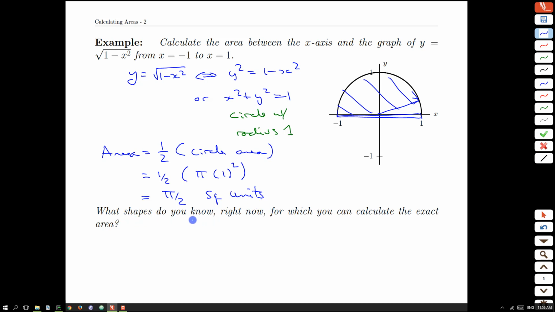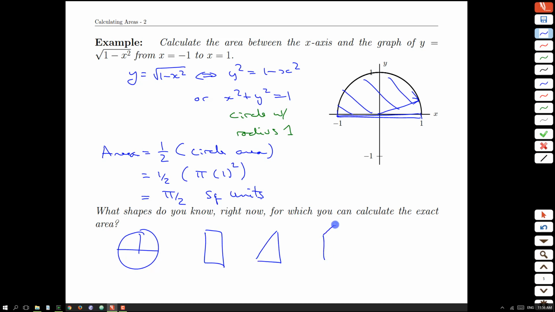Think of other shapes that you know right now for which you can actually calculate the exact area. We'll give you a moment to think about that, and then we'll see what common answers are. All right, so most people, circles, absolutely. Parts of circles, quarters of circles, fractions of circles, rectangles, triangles, and that's usually about it.